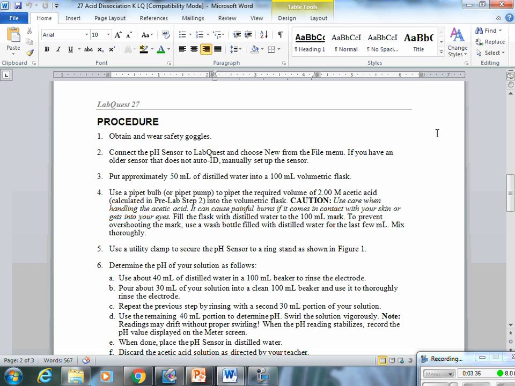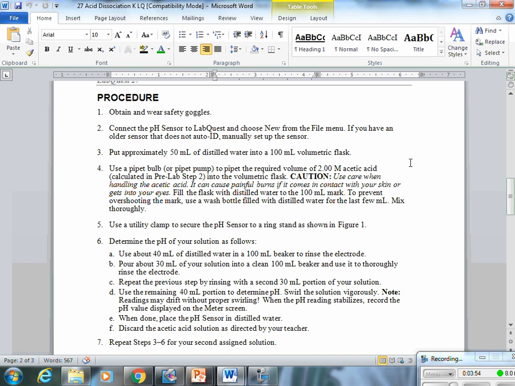Once you have the hydrogen ion concentration, that should be a 1-to-1 ratio with your acetate ion concentration, and you will have the initial concentration of your acetic acid, so you will be able to then calculate your Ka.